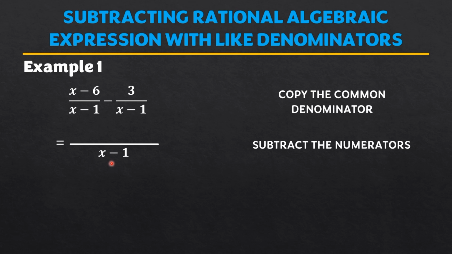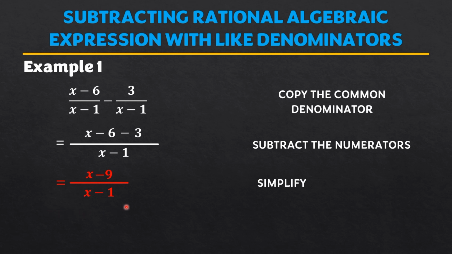We will copy x minus 6 minus 3, and then simplify the numerator. So, copy the x, and negative 6 minus 3 is equal to negative 9. So this is our final answer, x minus 9 over x minus 1. So that's how you subtract rational expressions with like denominators.